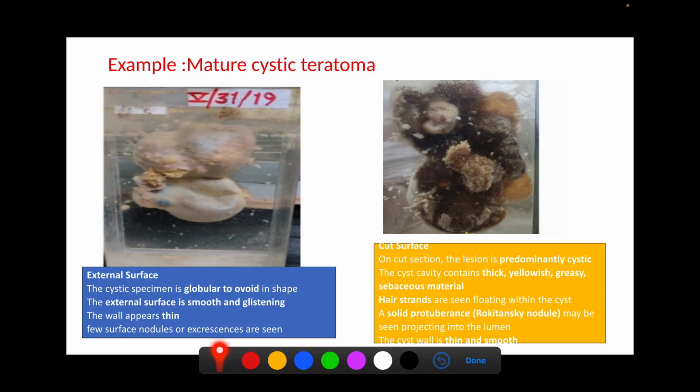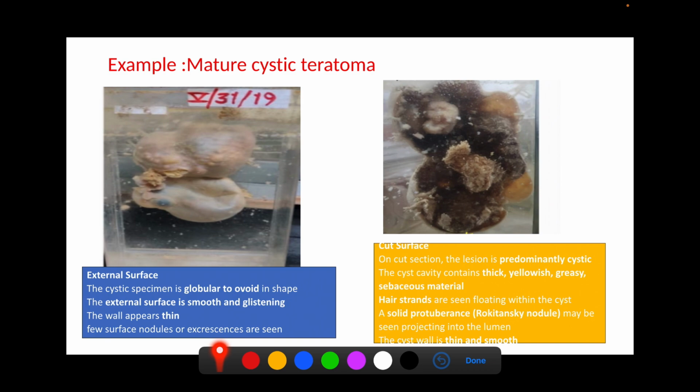So you can say the cystic specimen is globular to ovoid in shape. The external surface is smooth and glistening, the wall appears thin, and a few surface nodules or excrescences are seen. This is how you can describe the external surface of this cystic ovary.